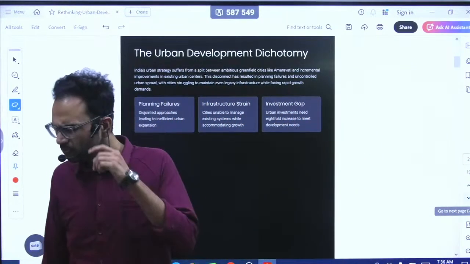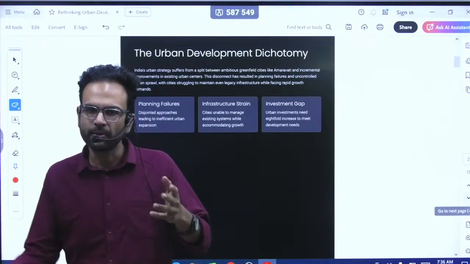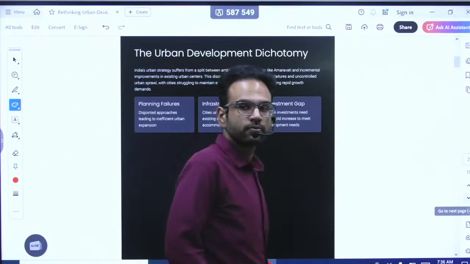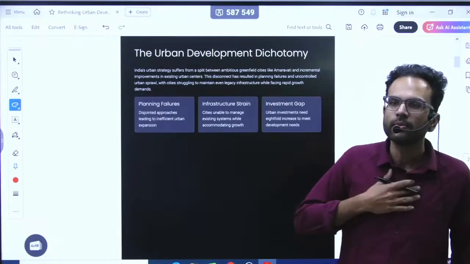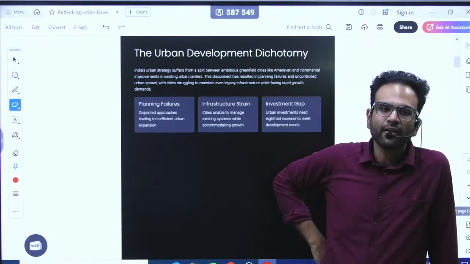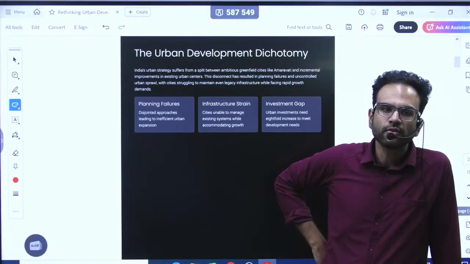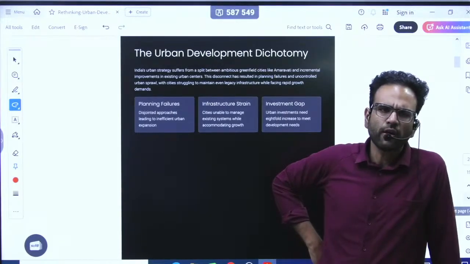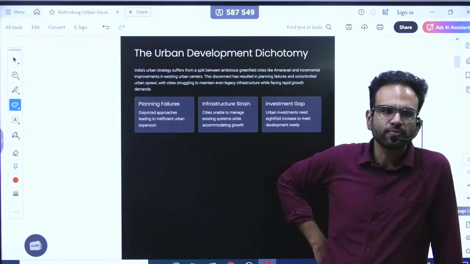Now, how about the brownfield city? How will you develop that? Let's take the case of Ashok Nagar. Do you really think we can expand our roads here? Even if you want it, who is going to give the land?